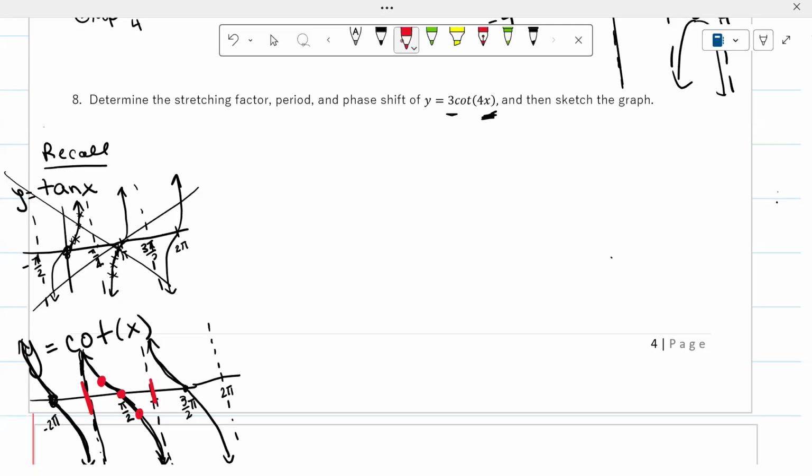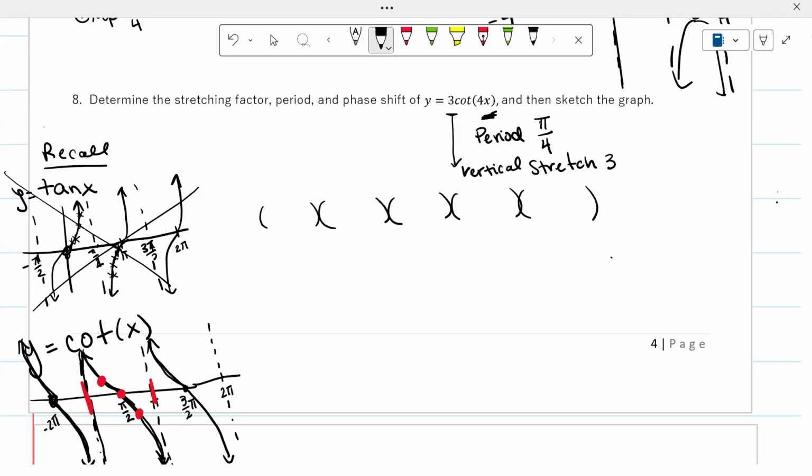Remember, the cotangent's period is only 1 pi, and then it repeats. So the period here is pi divided by the b value. So this really got compressed horizontally. Now the 3 is a vertical stretch of 3. So I'm going to focus on the 5 key points, 1, 2, 3, 4, 5.